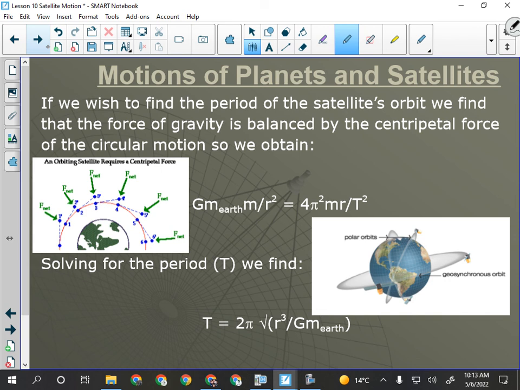The problem with that is they don't stay over the same spot. So early satellite TV worked a lot different than modern satellite TV. Anyone ever seen a really old satellite dish? A modern satellite dish is about this big. An old satellite dish was more than 6 feet across. They took up half your yard if you had them.